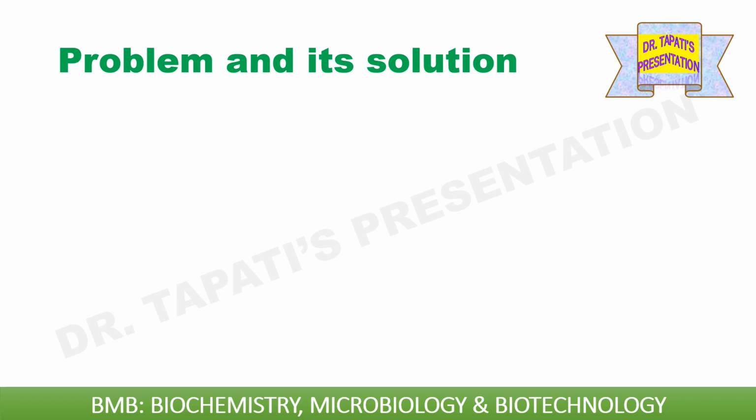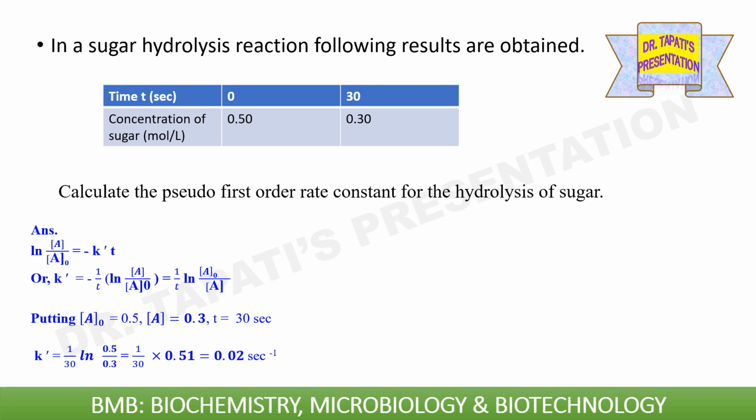Let's solve a problem associated with pseudo-first order reaction. This is the question. In a sugar hydrolysis reaction, following results are obtained. At time t equal to 0, concentration of sugar is 0.50.